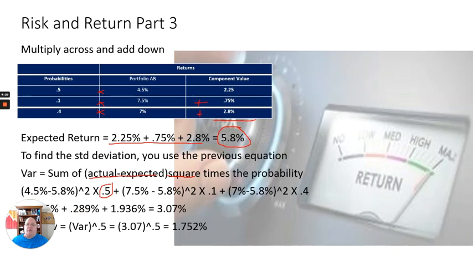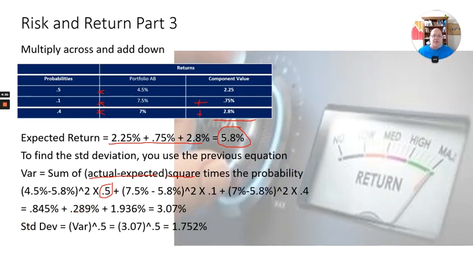We've gotten all of these actual observations over here. We end up with these different outcomes. So when you multiply by the probability, you now have 0.5 times this gives you 0.845%, 0.2 times this gives you 0.289%, and 0.4 times this 1.936%. When you add them all together, you end up with a variance of 3.07%.